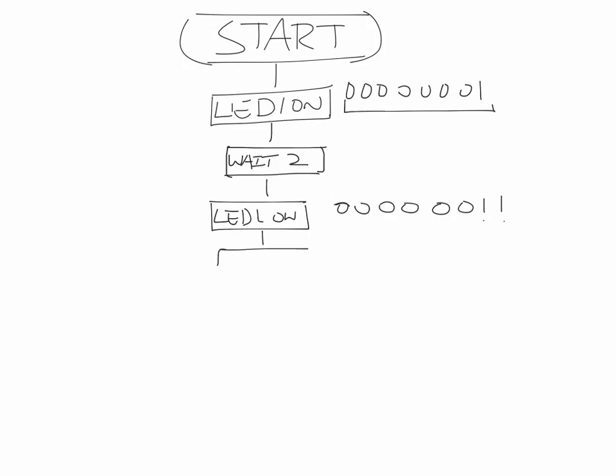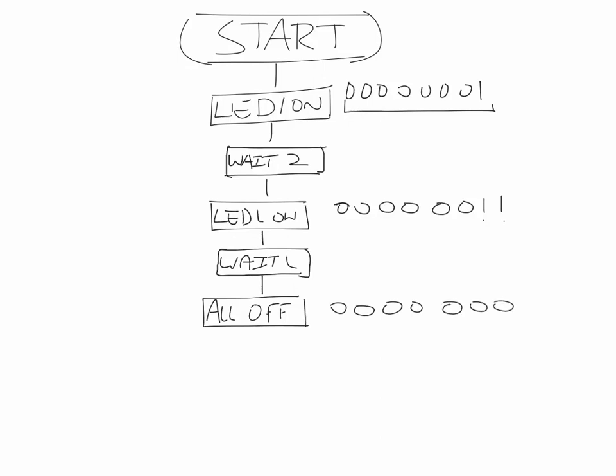And then we take another wait if we want to keep it on for 2 seconds, so wait 2. And then I'm going to put all LEDs off. So all off. And the code will be 0, 0, 0, 0, 0, 0, 0, 0. And then let's stop the program with a stop.